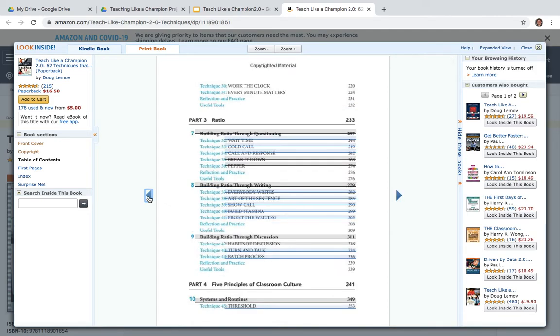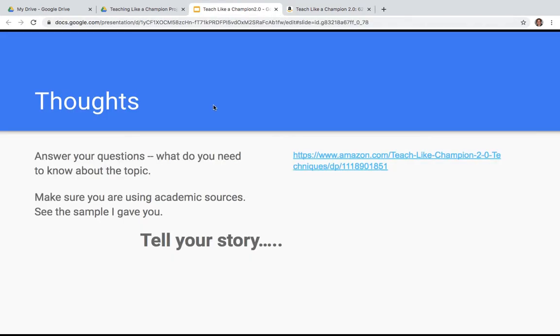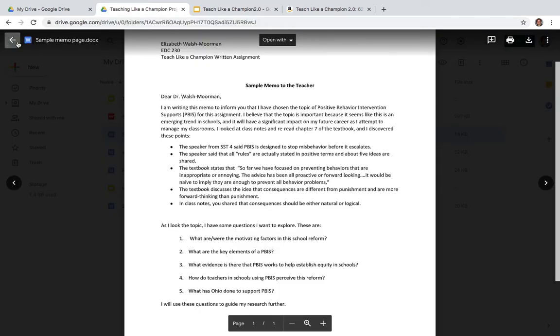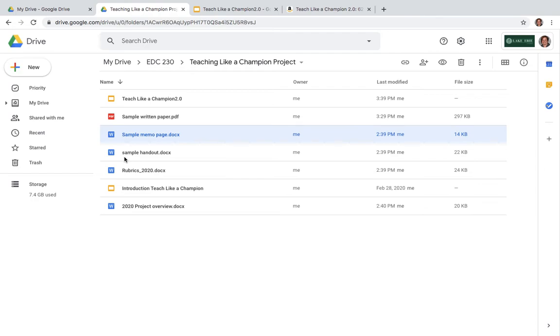So I want you to think about your research topic, and then think about what parts of the book maybe are going to be talking about that. So you're going to find 3 to 5 strategies shared in the book that you think are grounded in the educational ideas that you found through your research.